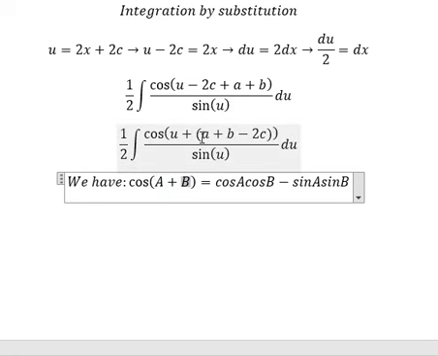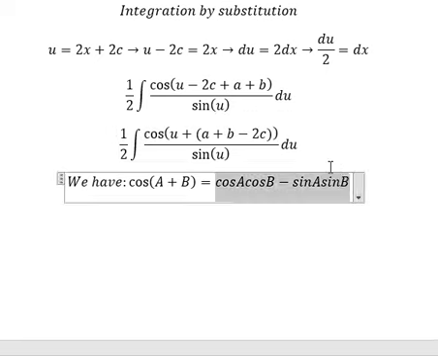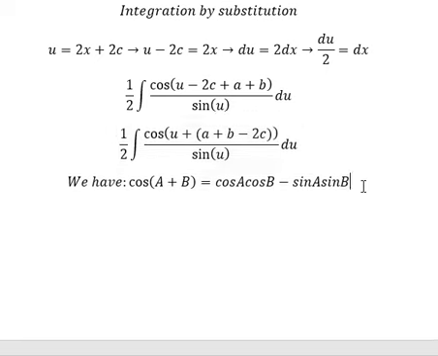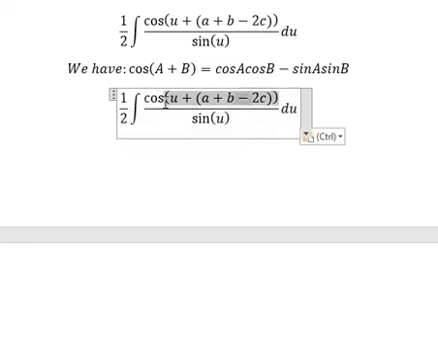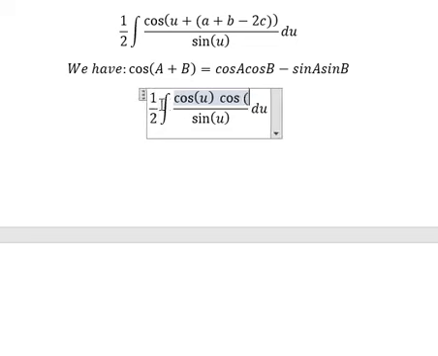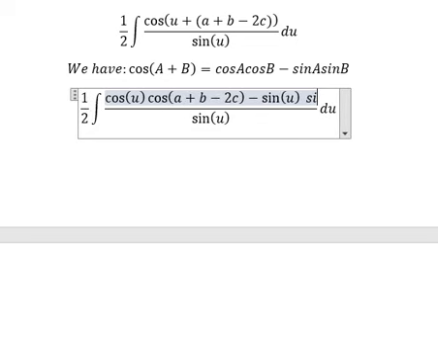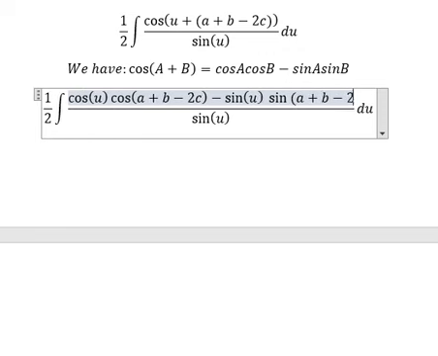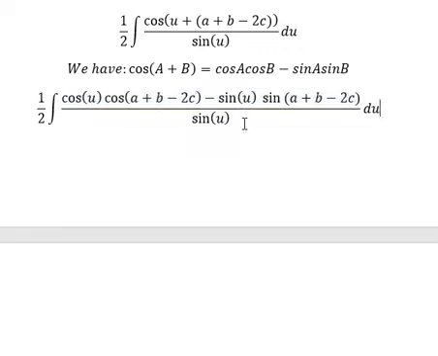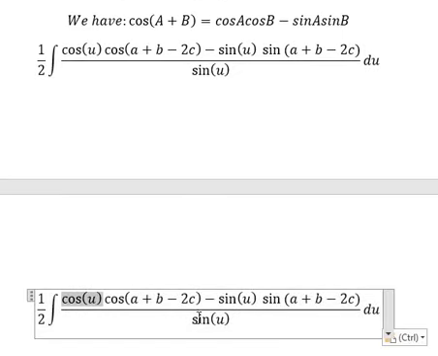B, that is about this one. Now we need to transform this one into this one. So sine u divided by sine u, we got number 1. Cosine u divided by sine u, we keep the same.